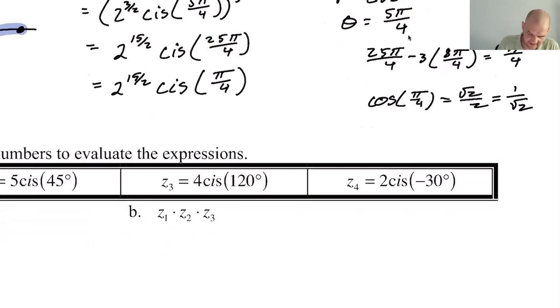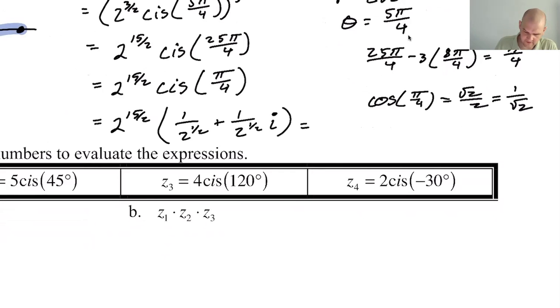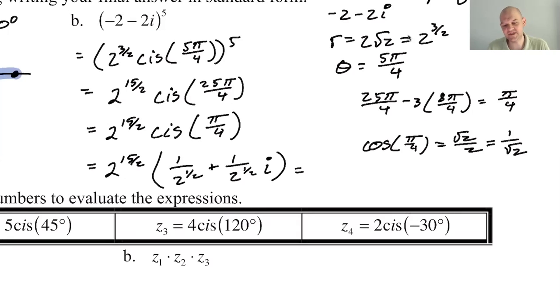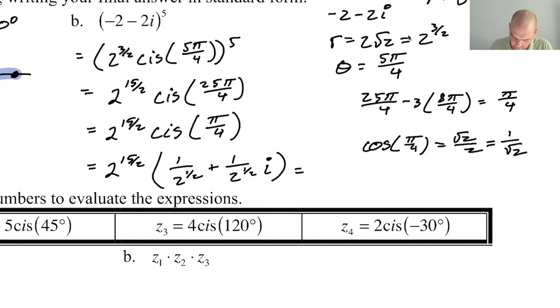The reason is that it's going to make the simplification easier. So it's 1 over 2 to the 1/2 plus 1 over 2 to the 1/2 i. When you're dividing the same base, you subtract the exponents. So this will be 2 to the 14/2, so 2 to the 7th, plus 2 to the 7th i. So I think this is my final answer.